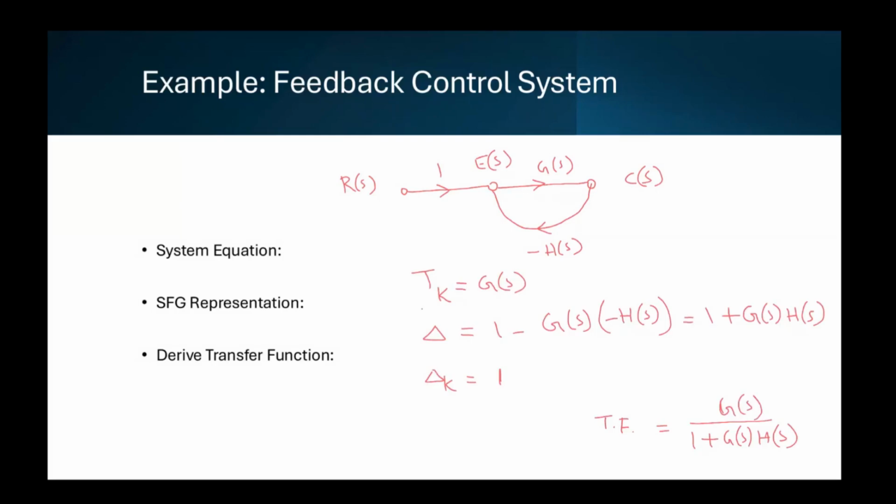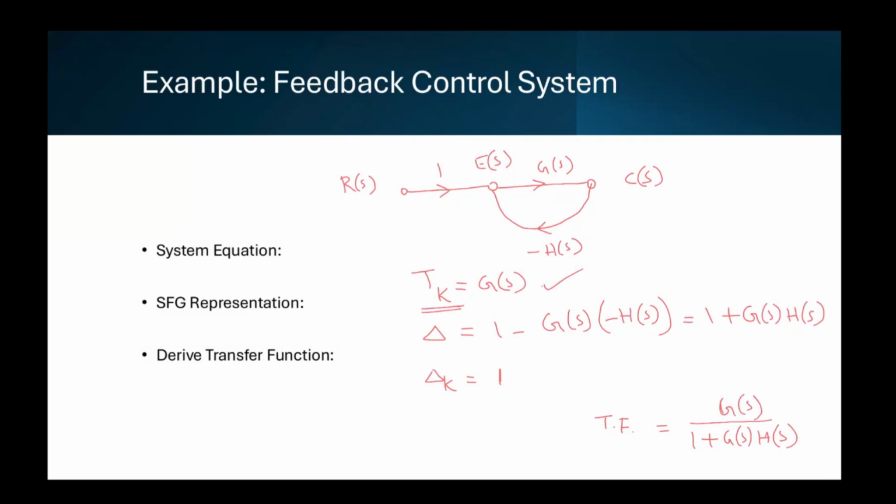Now Tk is the forward path gain, that is G of s. Here there is only one forward path that connects R of s and C of s, so the gain of that forward path is G of s. Delta is 1 plus G of s into minus H of s.